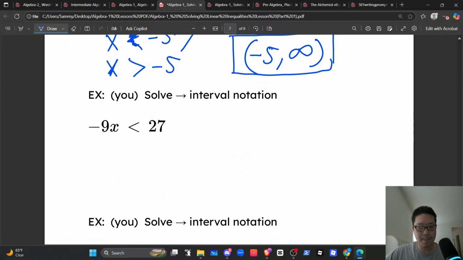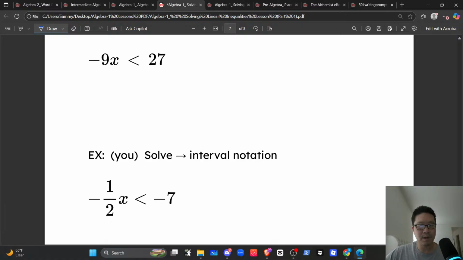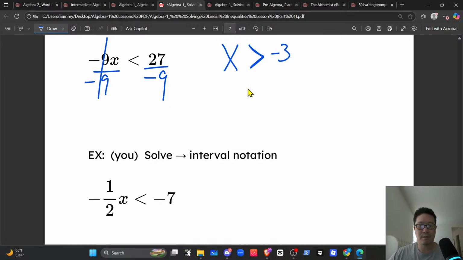Okay, let's try another one. We have negative 9x less than negative 27. Same deal. Divide both sides by negative 9. But since it's negative, you have to remember to flip your inequality sign. 27 divided by negative 9 is going to be negative 3. In interval notation, this would be all numbers greater than negative 3.